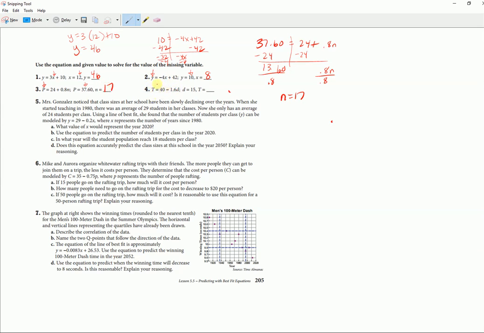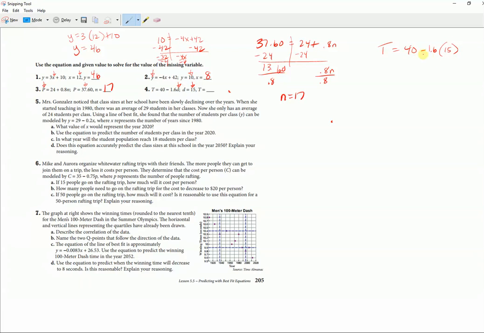And then finally, this one, it looks like they gave us d this time. So d is equal to 15. So we'll go over here. T, capital T variable, is equal to 40 minus 1.6 times 15.